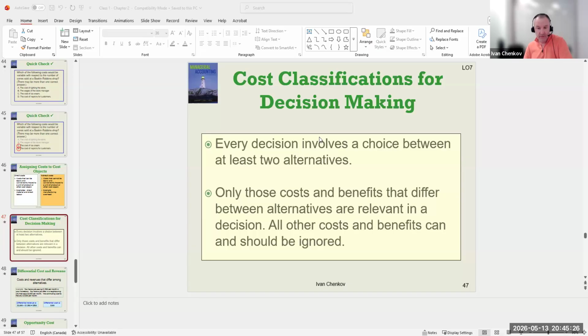Now, only the costs and benefits which are different between one alternative and the other are relevant when you make a decision. All the other costs and benefits can and should be ignored.